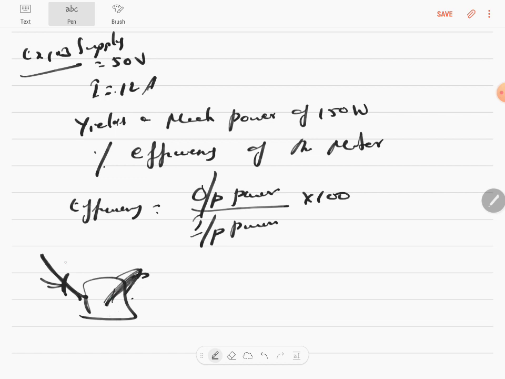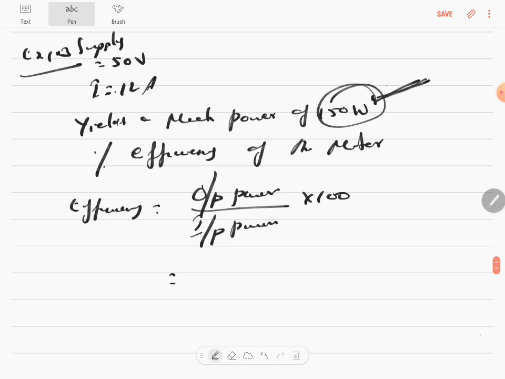So the ratio of how much is drawn to how much it's produced. In other words, output power is how much work the motor has done. So output power by input power into 100. Then it yields mechanical power, isn't this an output power? It is. We are able to get a yield of 150 watts, which will be the output power.